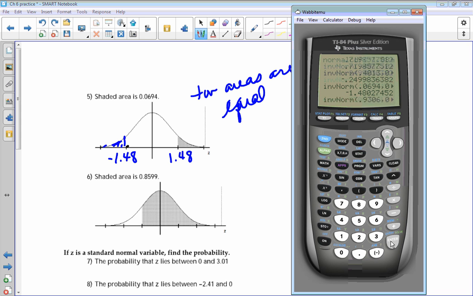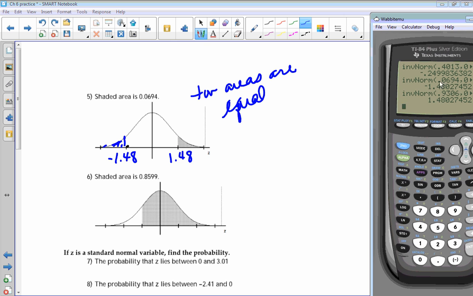And guess what? I'm going to get the same answer, but this time it's positive, and I do want the positive. I'll pull over that screen for you.